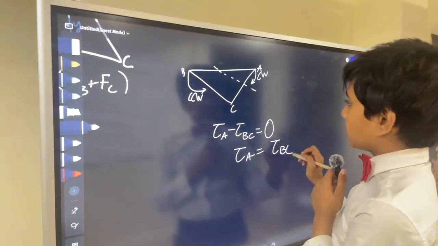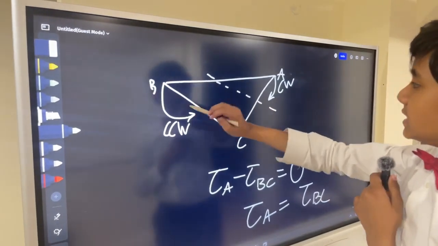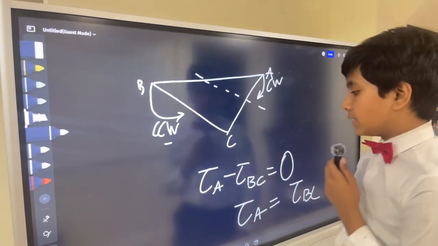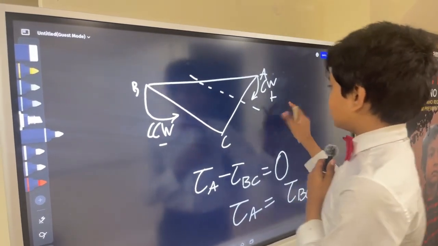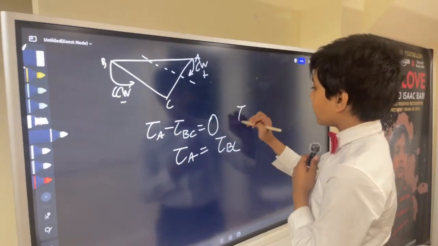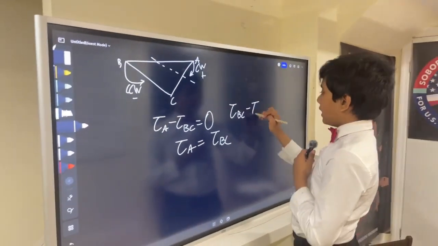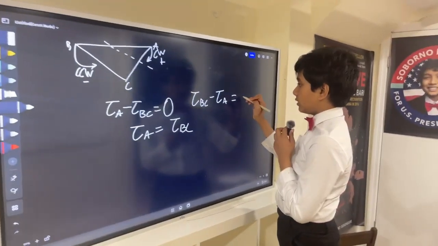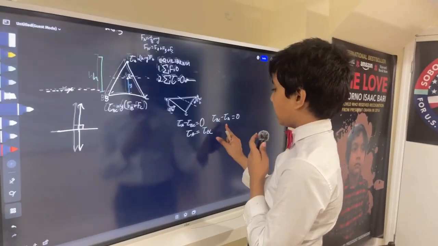Why do we put a minus sign? Well, because BC is going in the opposite direction. If we define CCW to be negative, we can define CW to be positive, thus this is positive and this is negative. We can do the same thing, but vice versa, if we define CCW to be positive and CW to be negative. That was a little bit of blah, blah, blah.